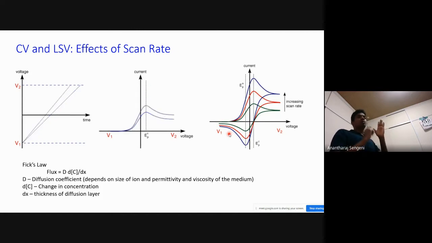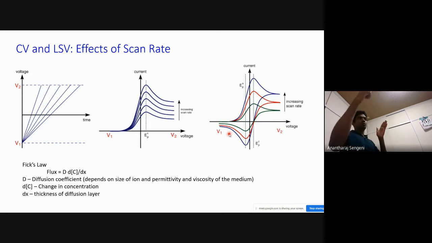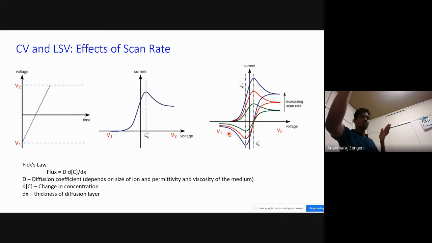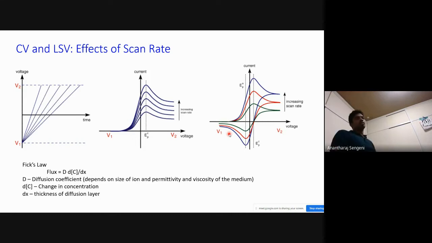In linear sweep and cyclic voltammetry, we are not only applying some potential, we are sweeping the potential from point 1 to point 2 on the potential scale. If you stop only at the vertex potential, that is called LSV, and if you come back to the starting potential, that is called cyclic voltammetry.